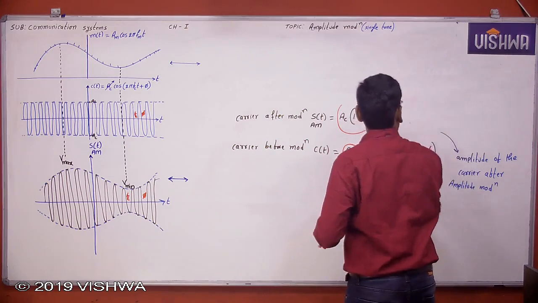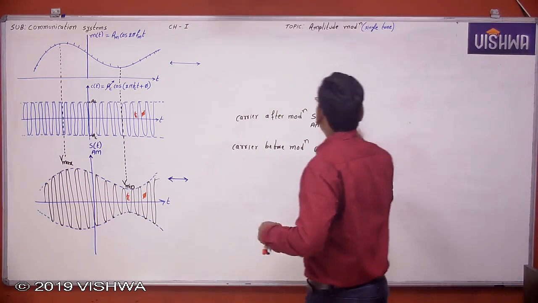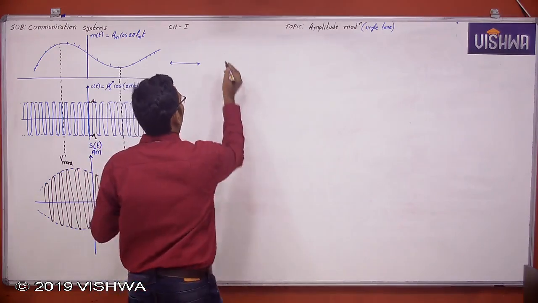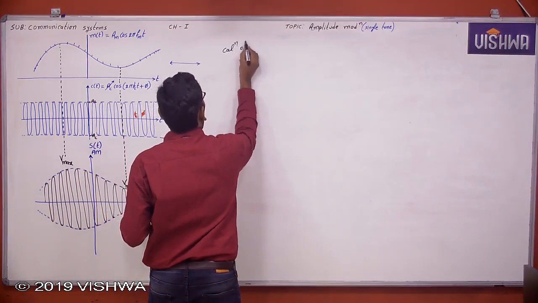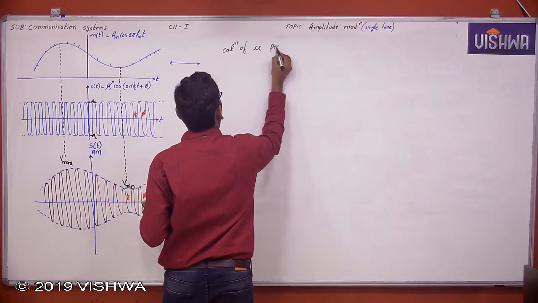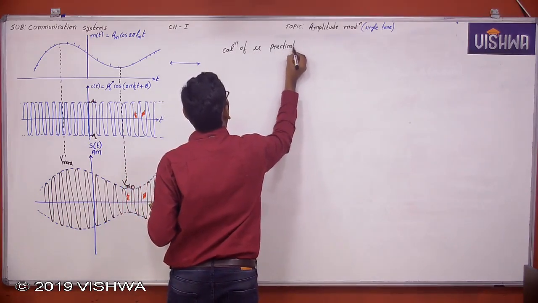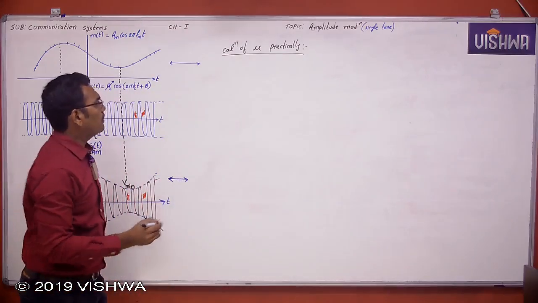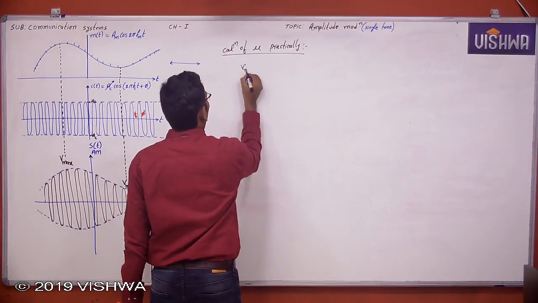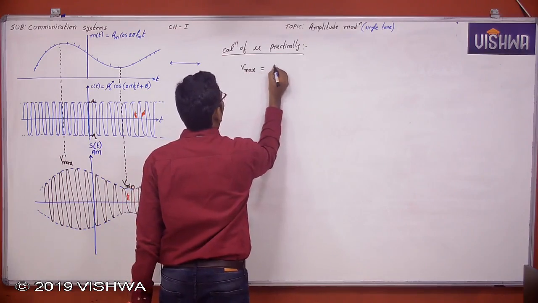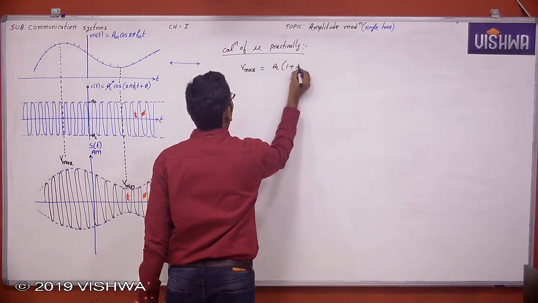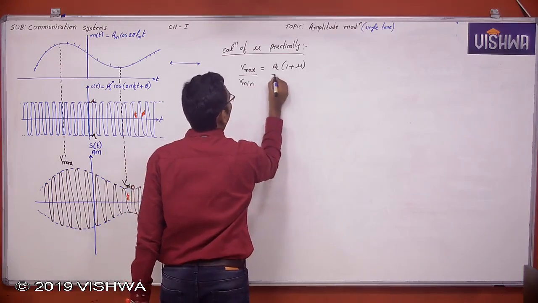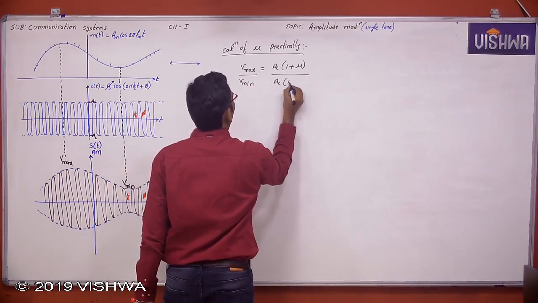Now based on this V maximum and V minimum, how is the modulation index calculated practically? Calculation of modulation index practically. Now see here, V maximum is equal to AC into 1 plus mu. V minimum is equal to AC into 1 minus mu.